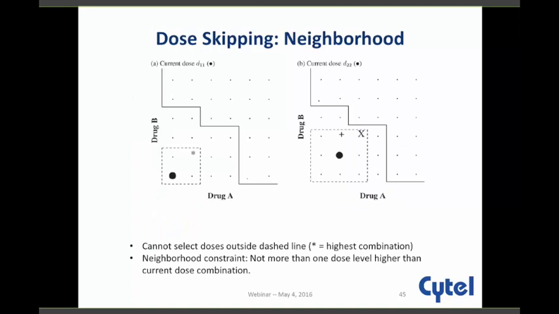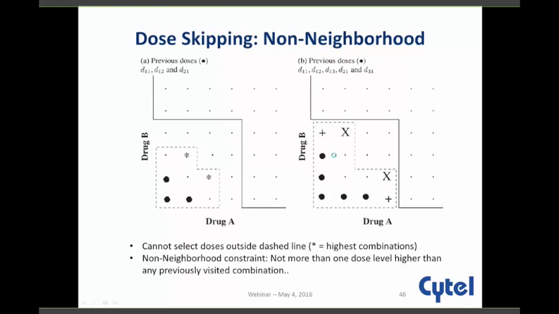So I mentioned dose skipping. Dose skipping can either be based on a so-called neighborhood-based approach, where those combinations that are allowed to be given are restricted to a single dose higher or lower to the current dose, which in this case is denoted by this black point here. So you can only constrain yourself to where you are in terms of the current dose, and then just increase one dose up or down or diagonally with respect to that dose.